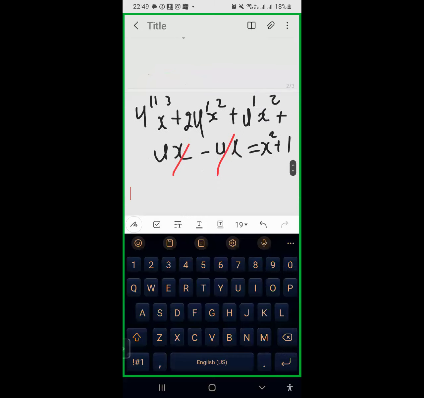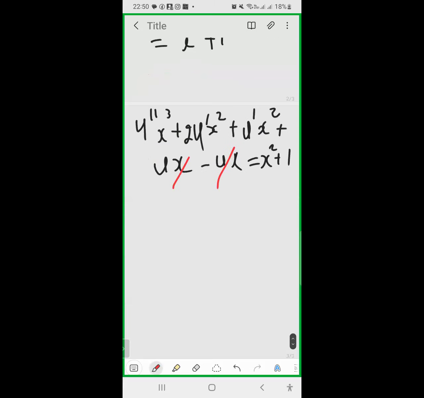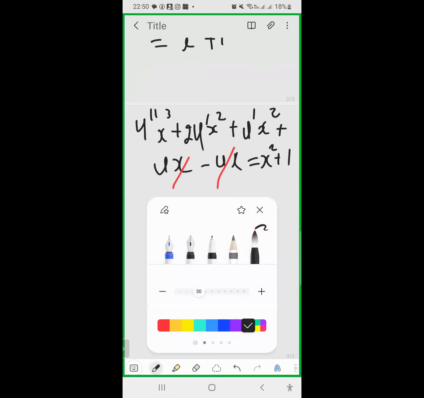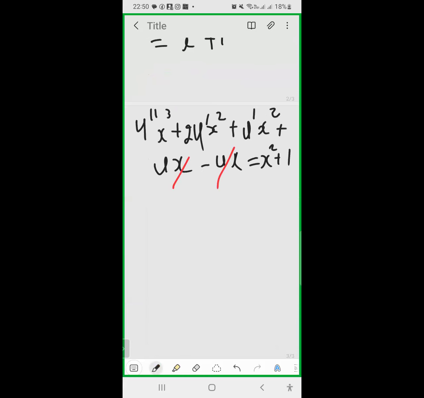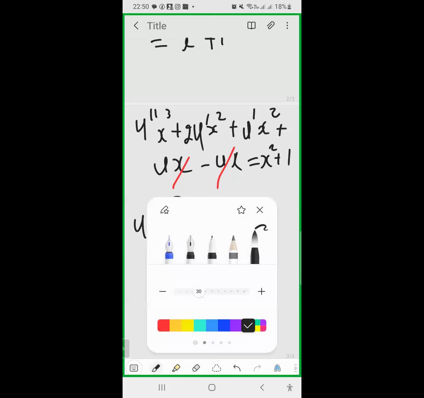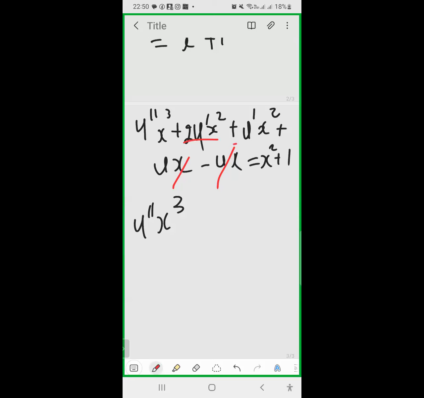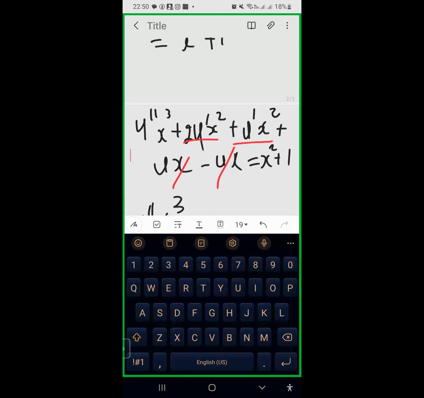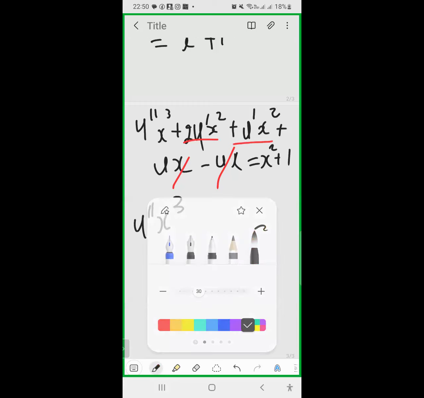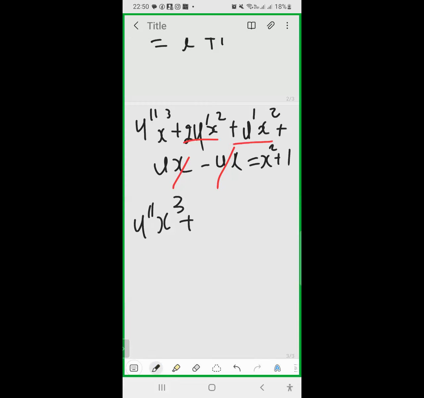Then the resulting equation will be u double prime x cubed. We also have other like terms here. So this is 2 plus 1, which is 3. So this will be plus 3 u prime x squared equals x squared plus 1.